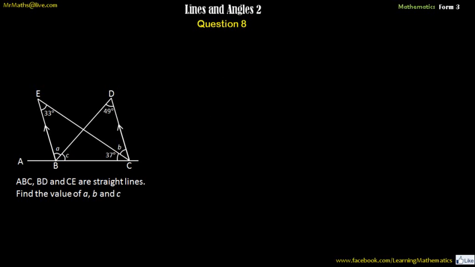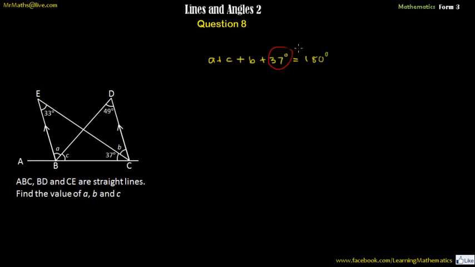First of all, let's take a look at these two angles in green. What can you tell about these two angles? They are interior angles. Interior angles, if we add up together, it becomes 180. Then A plus C, which is this angle, plus B plus 37 degrees is equal to 180 degrees.